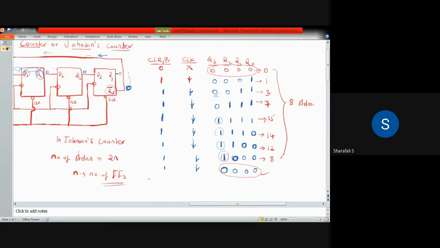In the previous case, when we discussed the ring counter, the number of states was equal to the number of flip-flops, that is, n. But here we have the number of states equal to 2 times n for the Johnson counter or twisted ring counter.